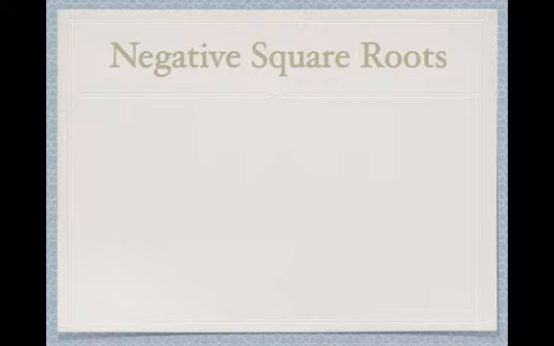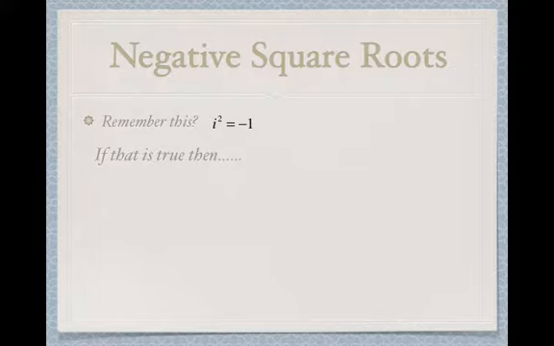Okay, negative square roots are pretty much the same thing. Do you guys remember when we went over complex numbers and i squared equaled negative 1? Well, if i squared equals negative 1, then i must equal the square root of negative 1. So basically, if you want i by itself, you'd have to do the opposite of squaring.